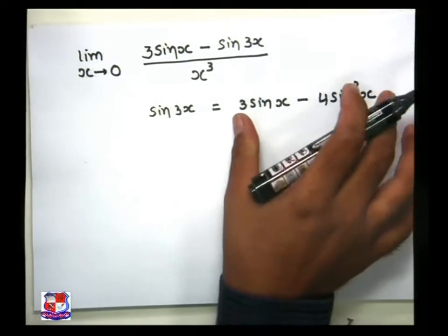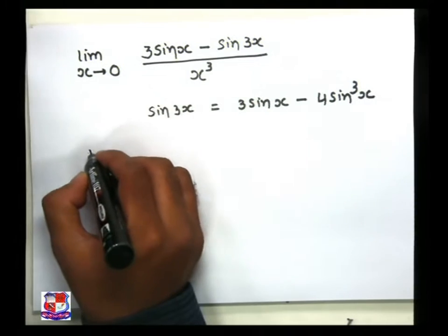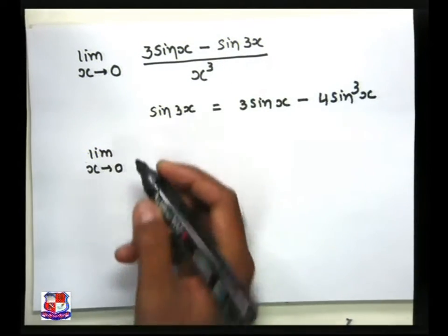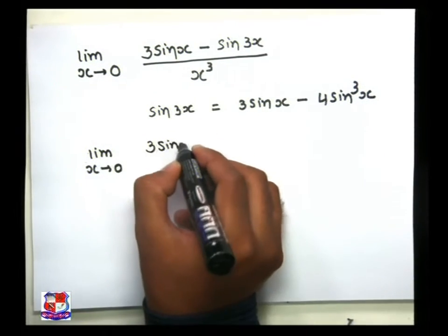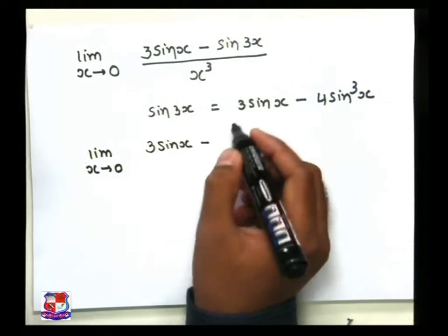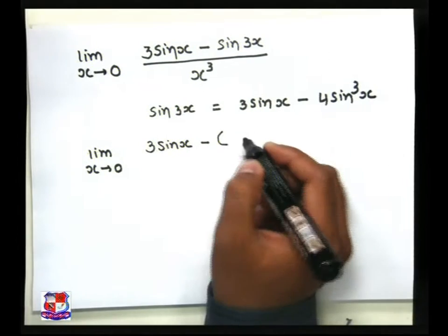So we want to replace this value for sin 3x and put all the other values as they are. X tends to 0, 3 sin x, here minus sign, and this value we now put in brackets.